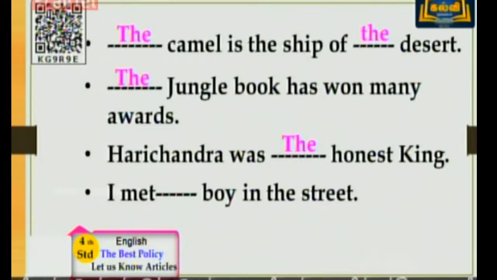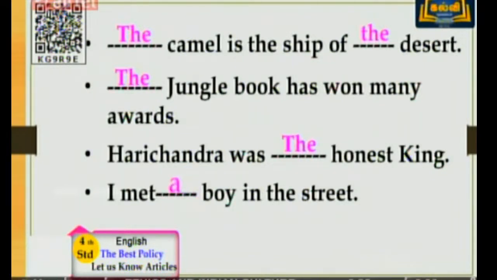Coming to the last one, I met dash boy in the street. Before the word boy, you should use the article a, an or the. Think about it. See the word boy. Which article should you use? You should use the article a.